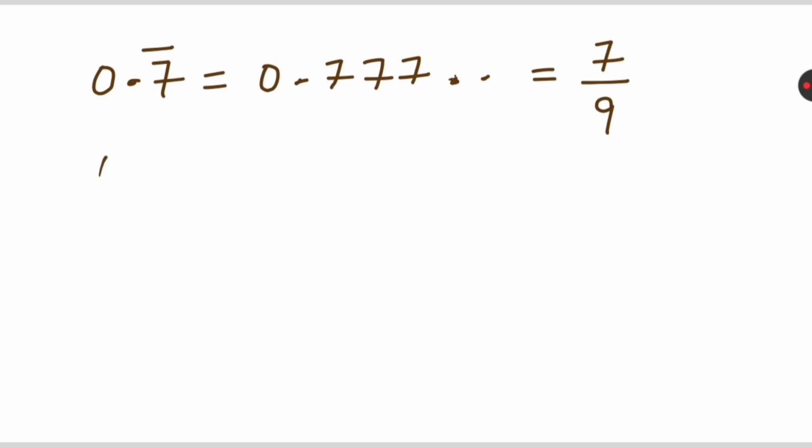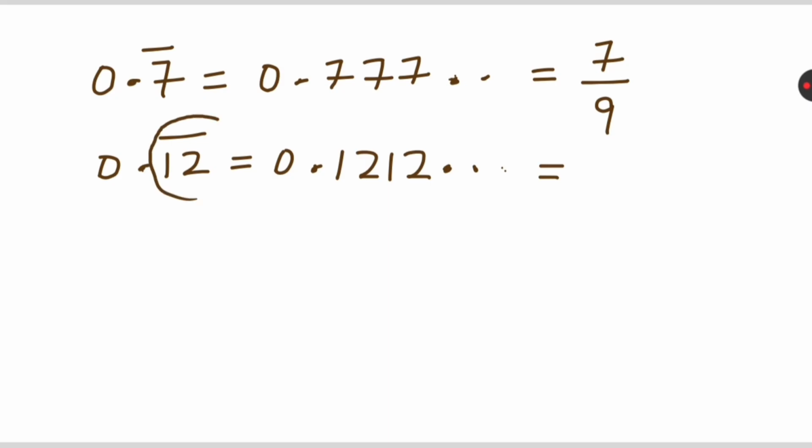Suppose we have 0.12 bar, that means under the 2 digits we have a bar. So this is nothing but 0.121212. That means 12 is repeating. How can you write this in fraction form? Whatever we have under the bar, the whole number 12, you write it at the numerator.